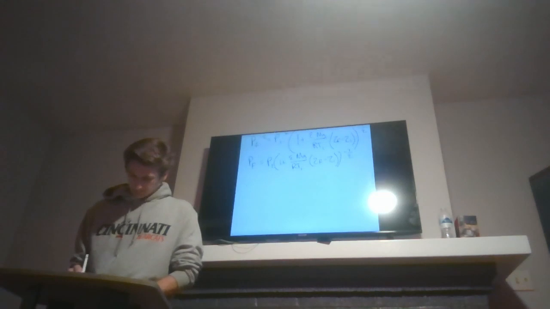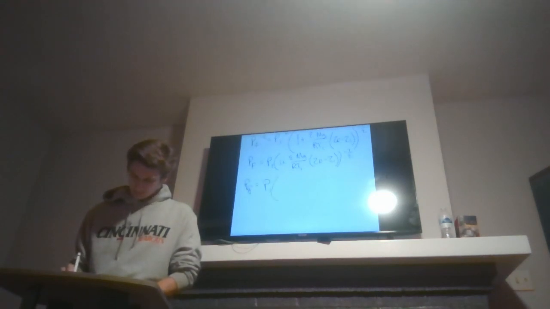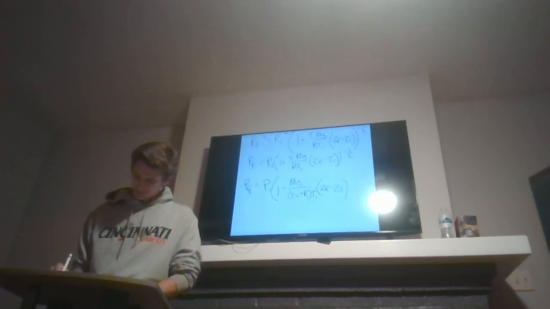So we get PF equals P1 times 1 minus mg over CV plus R times T initial times ZF minus ZI, and then to the power of CV plus R over R.